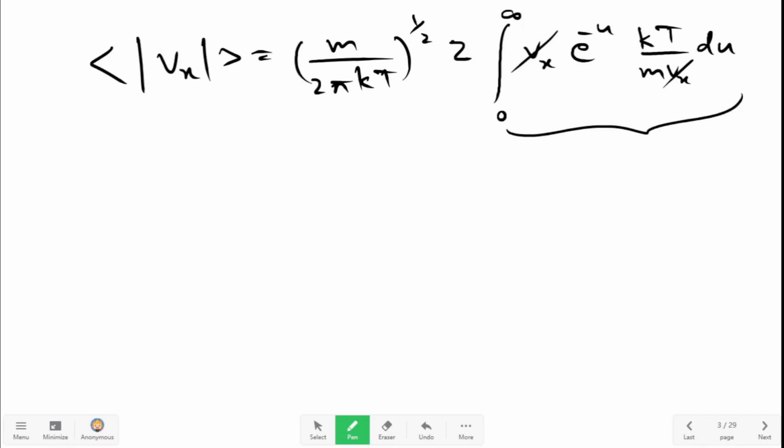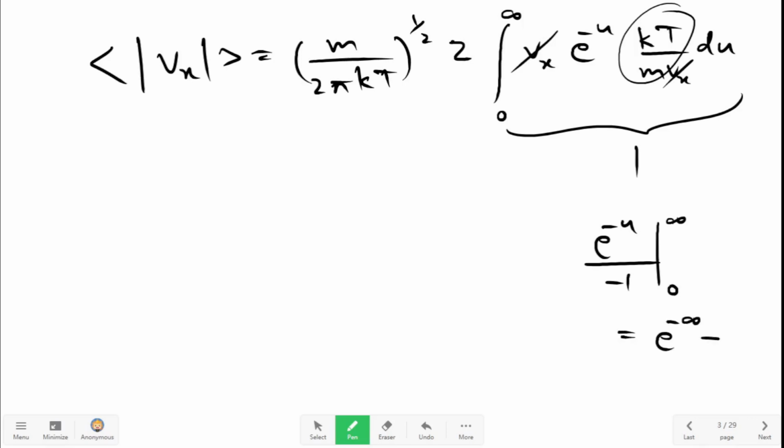This integral is equal to 1. kT upon m can be taken outside, and integral 0 to infinity e raised to minus u du is equal to 1, because you will get minus e raised to minus u from 0 to infinity. This is equal to minus of e raised to minus infinity minus e raised to minus 0, which is minus of 0 minus 1, equal to plus 1.